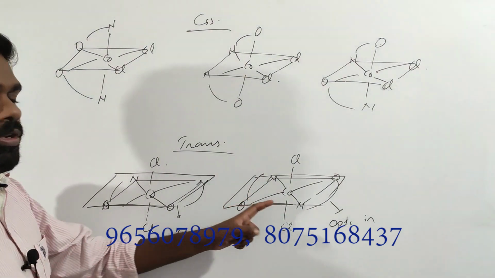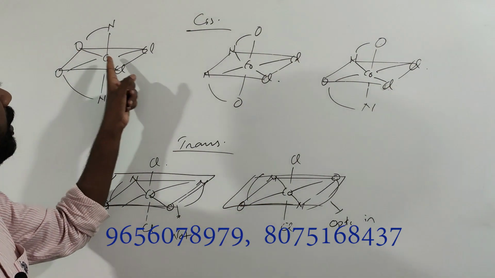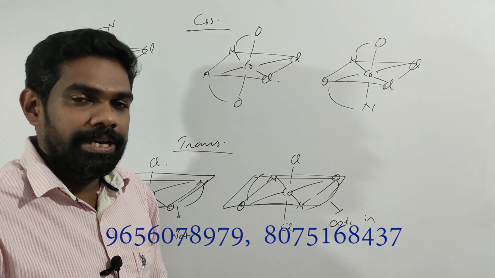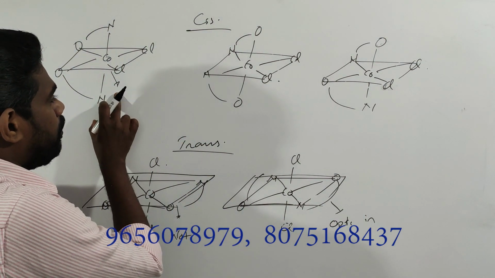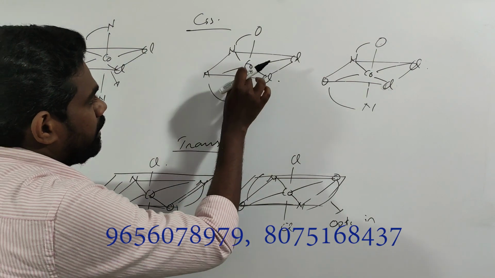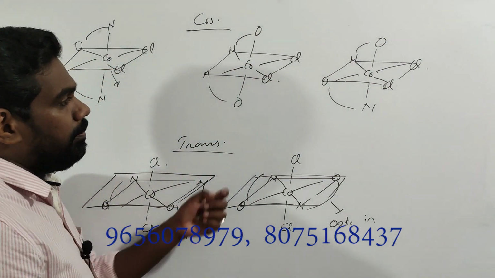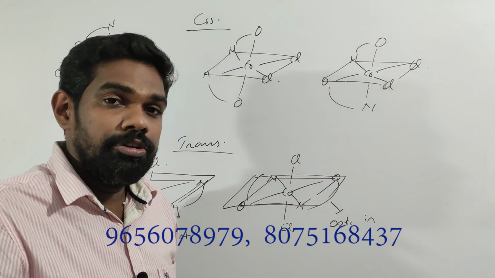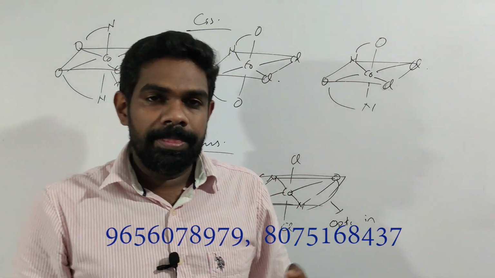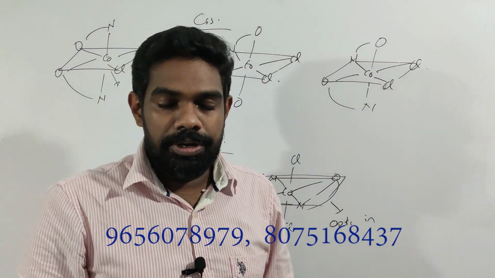These trans molecules are optically inactive, but all these 3 molecules are optically active. This molecule will have its mirror image, which will also be optically active, so 2 isomers for this one, and this will also have the mirror image, and this will also have the mirror image. So the total number of optically active molecules will be 6. That is the answer for question number 41.